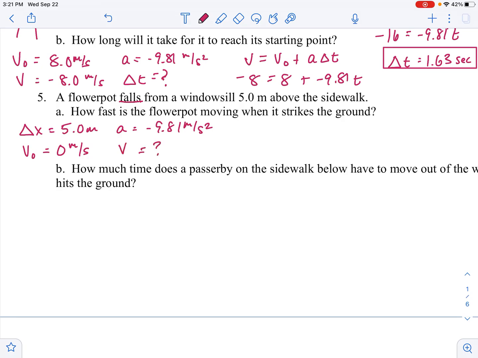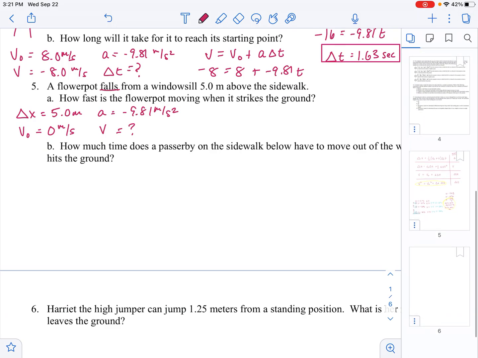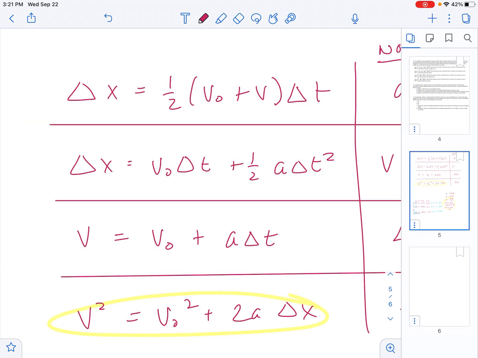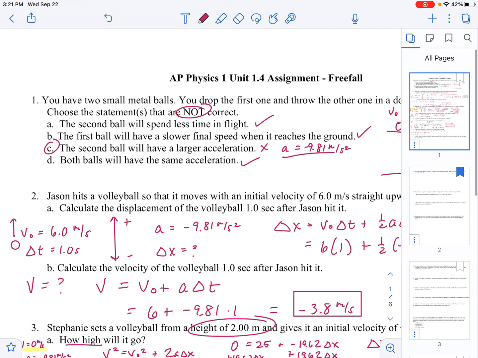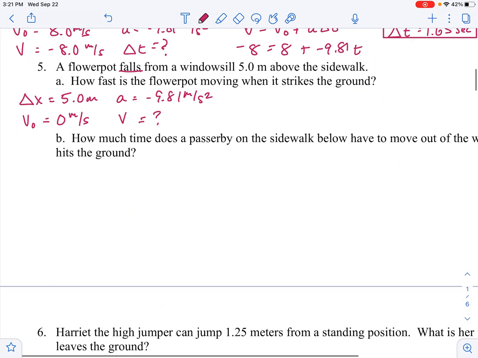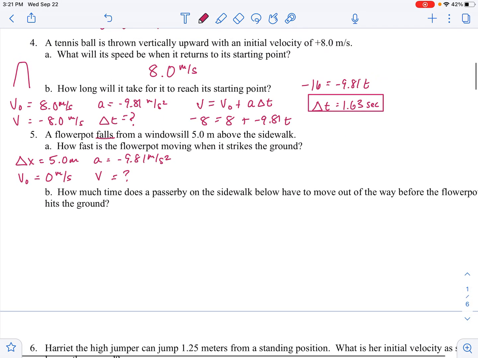The equation that we're going to use, and we haven't used this one yet. Oh, yes, we have. We're going to use the circled yellow one. Final velocity, initial velocity, acceleration, and time. So let's go back. Final velocity squared equals initial velocity squared plus 2a delta x.